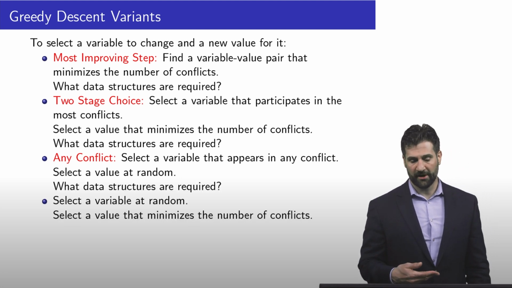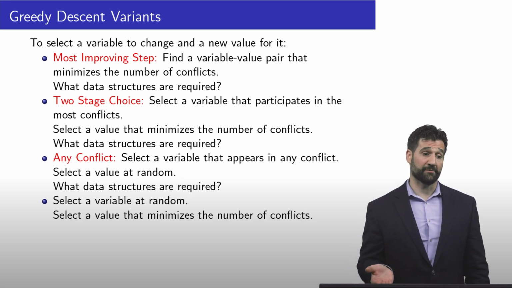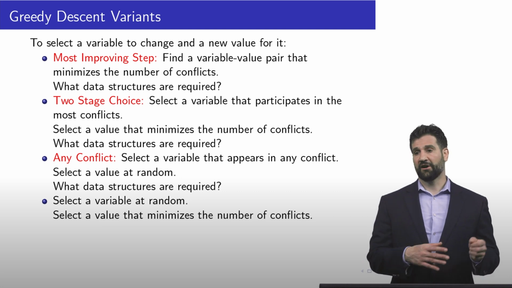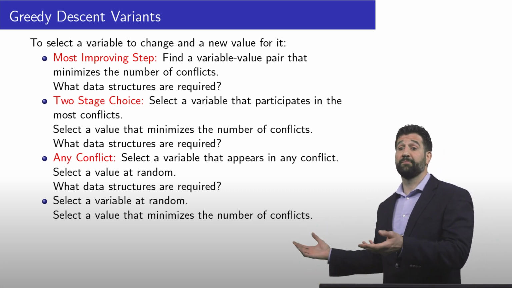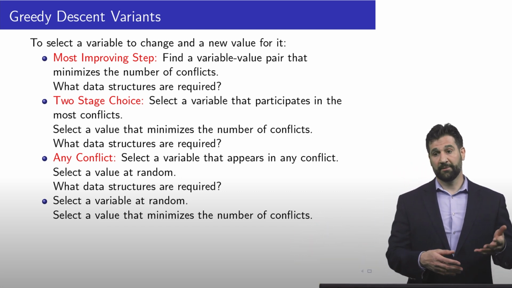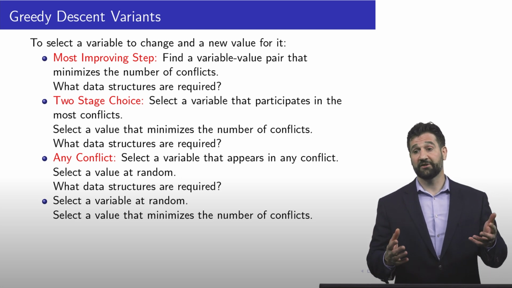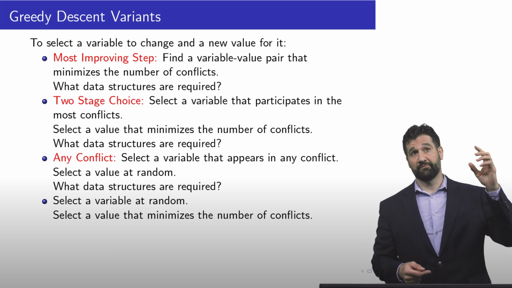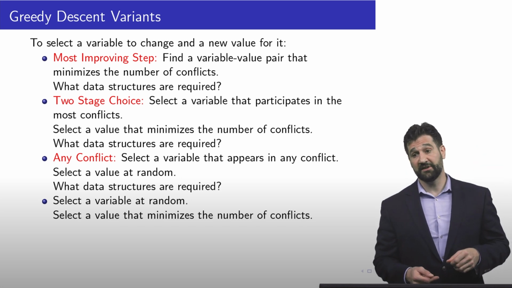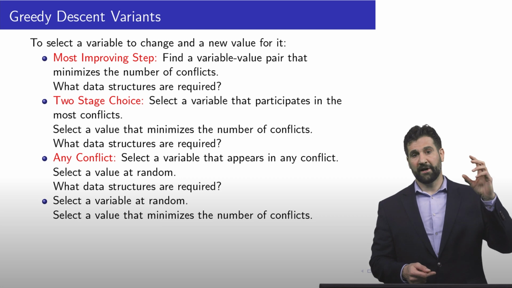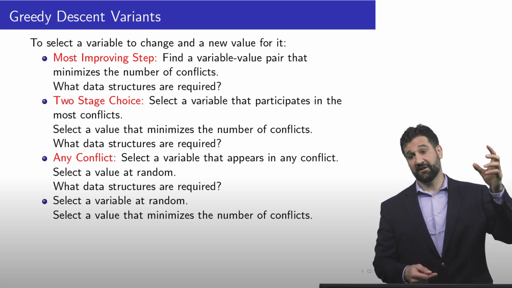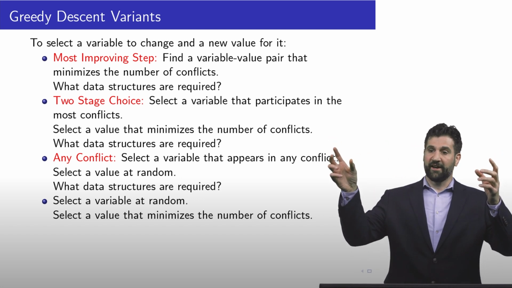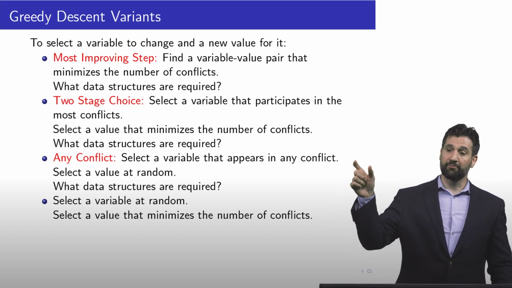Then we can just go on to selecting any variable at random, because it may be the case that variables that are not in conflict are driving many of the other variables to be in conflict. For example, if you remember in the CSP lectures, E has to be less than D, but if E is a very high number, like 3, the values for the other variables are much more restricted.